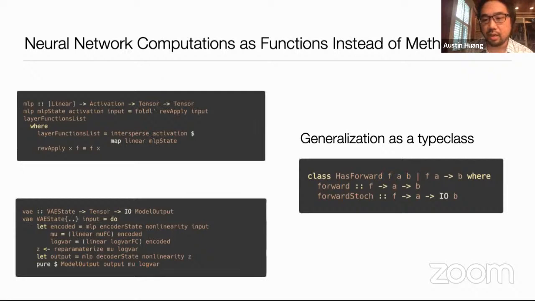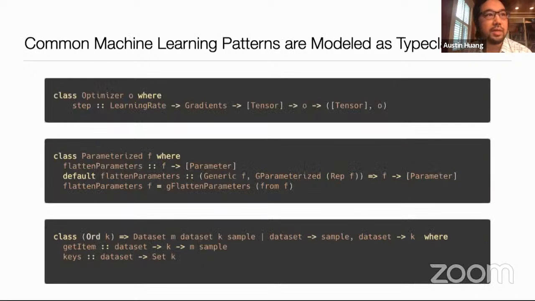And that brings me to the usefulness of type class representations for common machine learning patterns. There are things you do again and again in varying ways, and you can represent that polymorphism in terms of type classes, for example for optimization, for unrolling model parameters to update the parameters, or loading data from a data set. Once you've done that, you can write against these interfaces in useful ways.